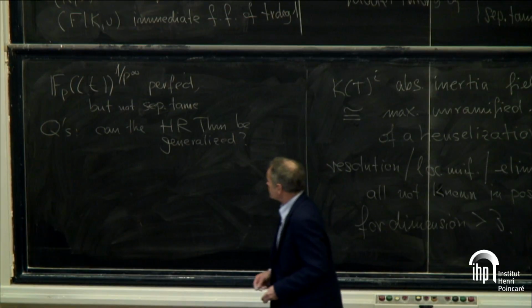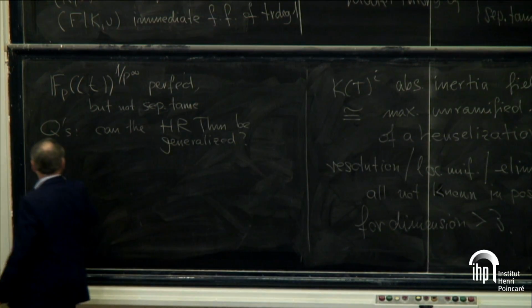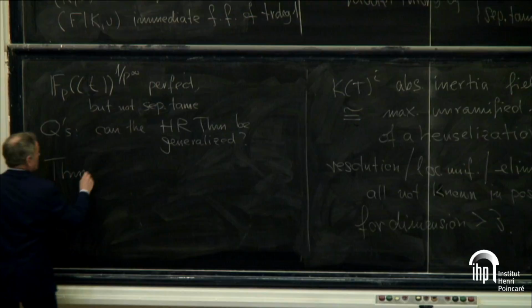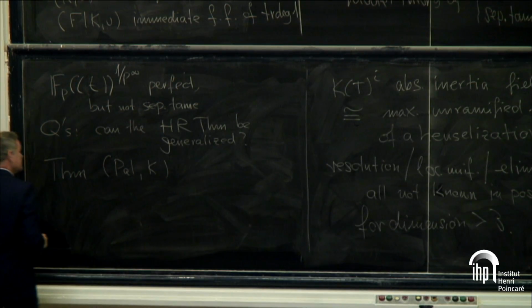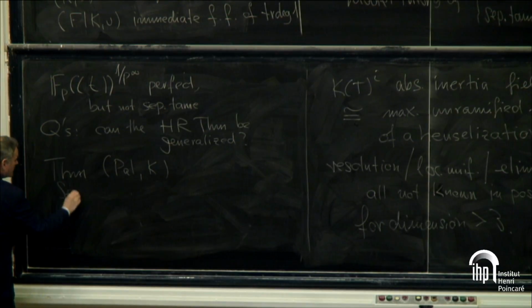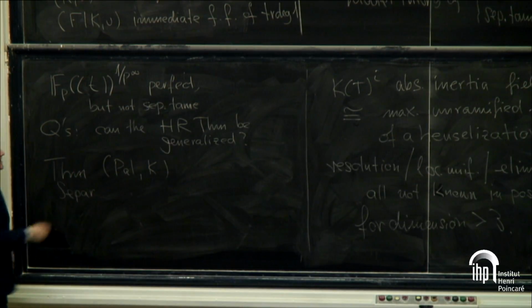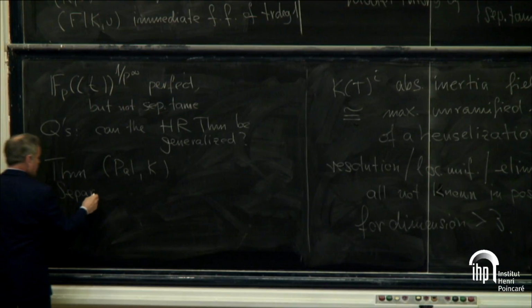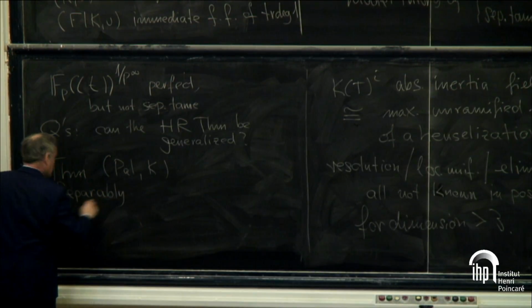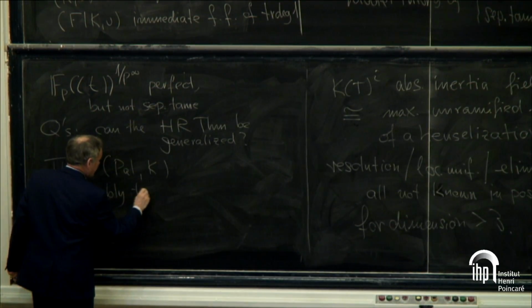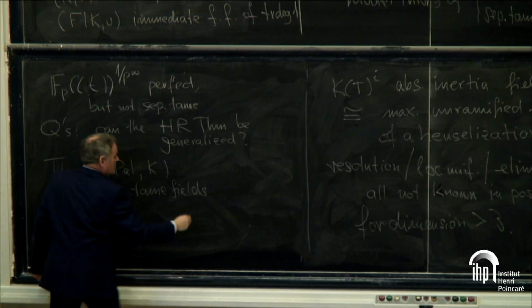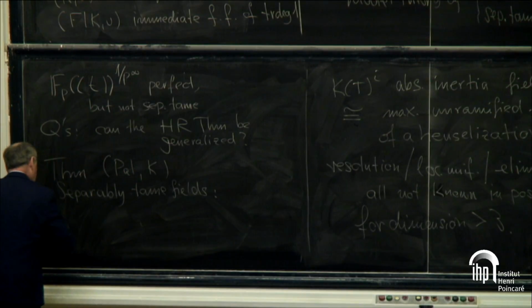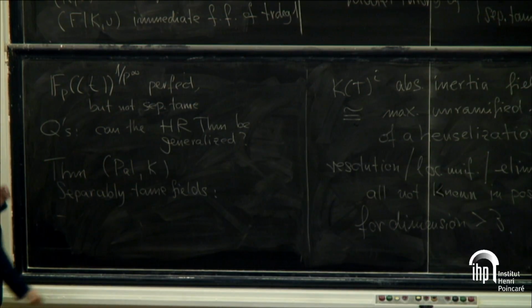Okay, let me give you the theorem about separably tame fields. Well, in mixed characteristic, everything is done by tame fields, so this is only in positive characteristic. Separably tame fields have, okay, what do they have?